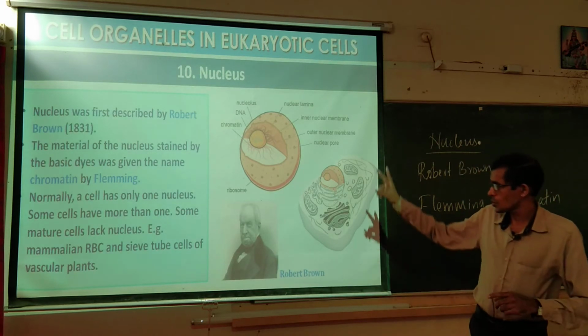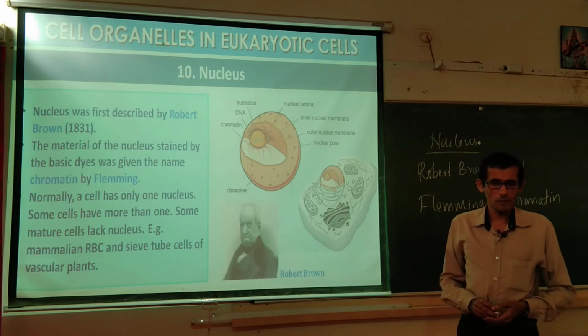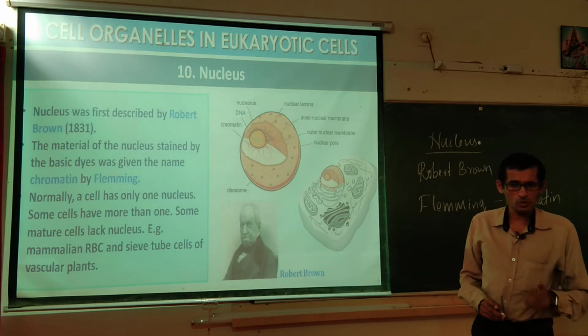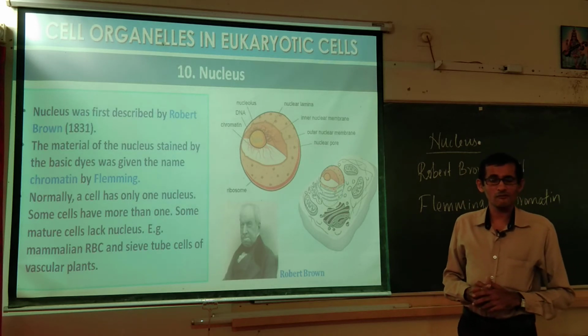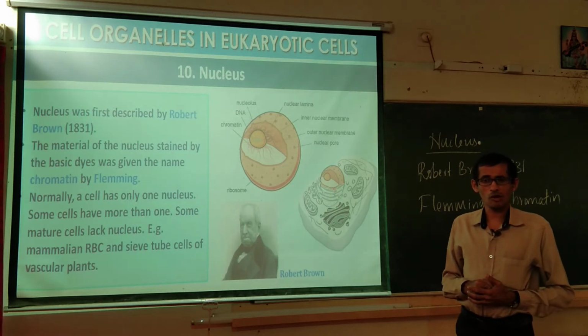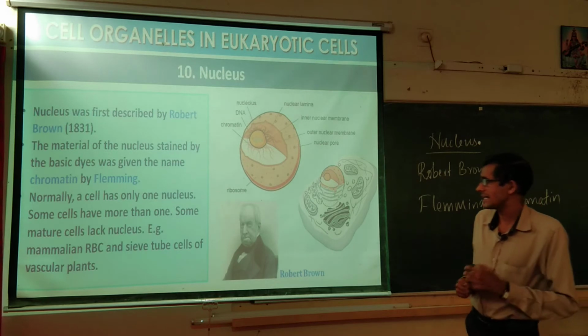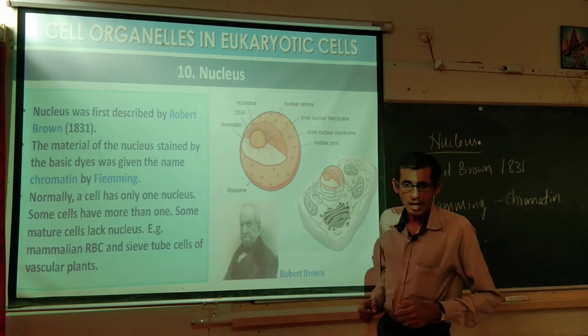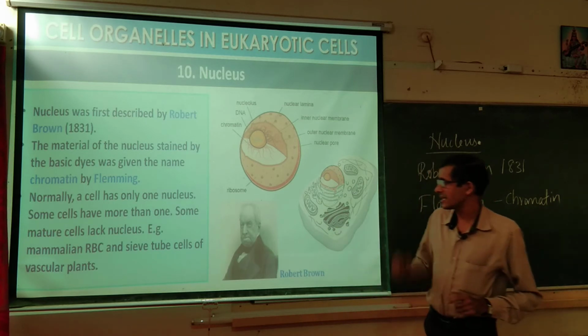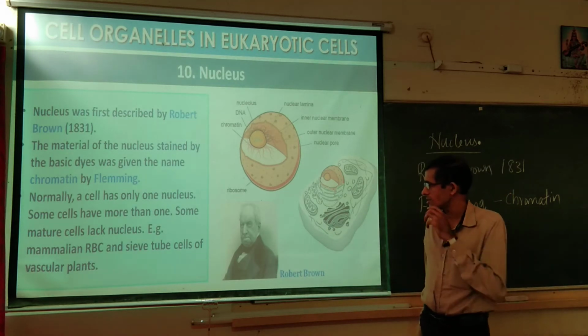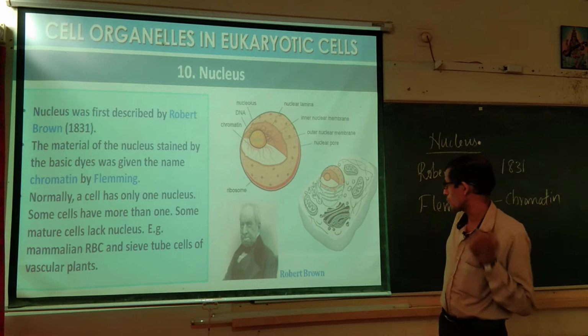So, remember the work of two scientists. Robert Brown first described the nucleus, and the material of the nucleus captures the color after adding the basic dye, and it was named chromatin by Fleming because of the coloration observed under the microscope.